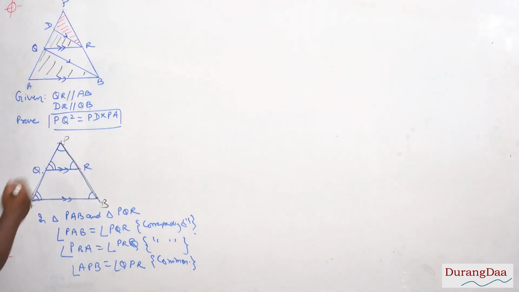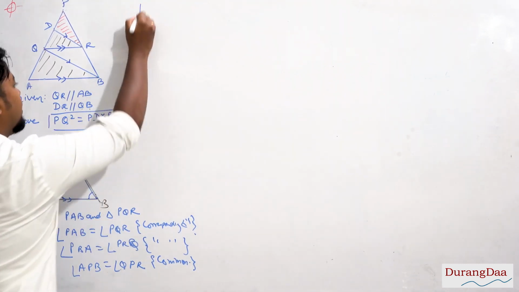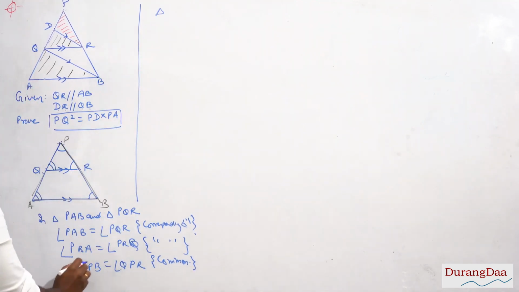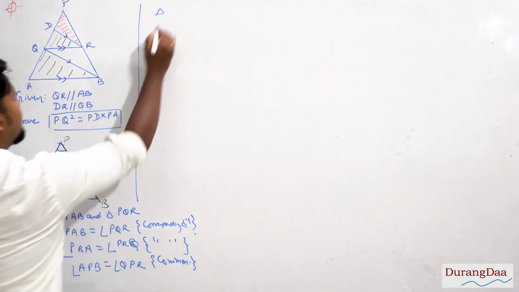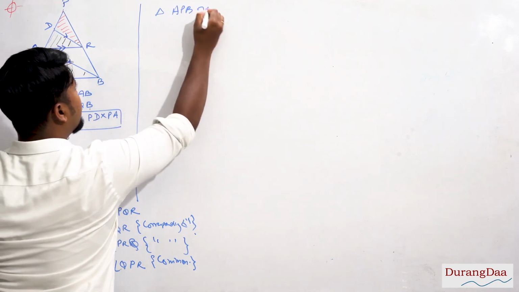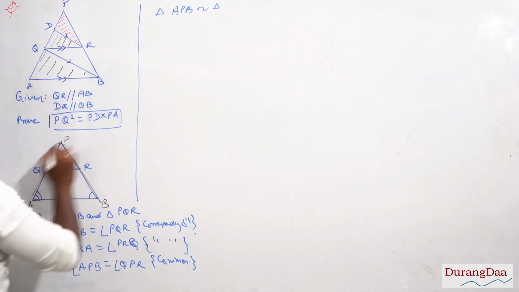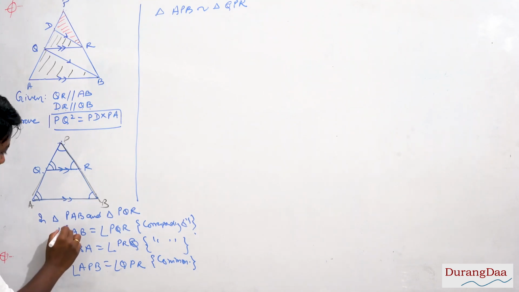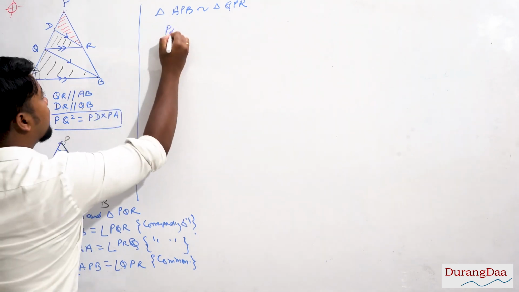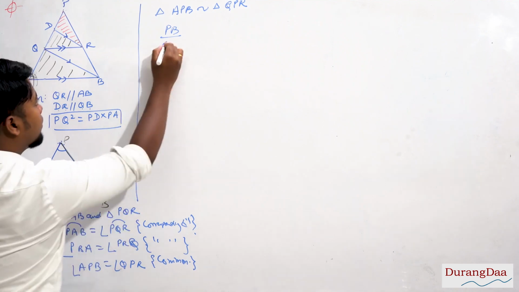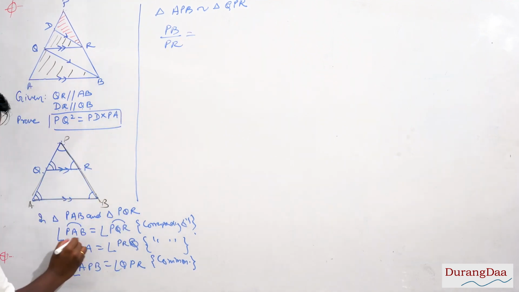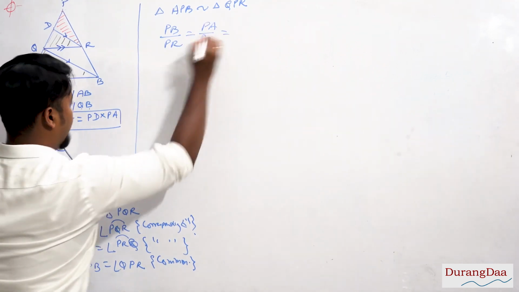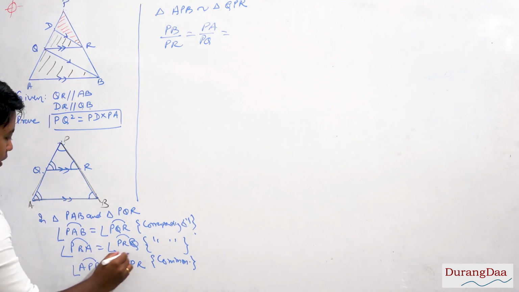Now since both triangles can be shown clearly to be similar, I'll write the result here: triangle APB is similar to triangle QPR. Now write the ratios here, PB by PR equals PA by PQ, next we have AB by QR.